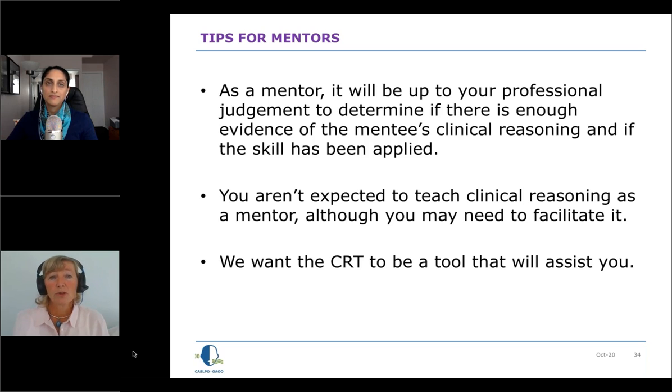And as a mentor, it will be up to your professional judgment to determine if there's enough evidence of the mentee's clinical reasoning and if the skill has been applied. Again, as Samita mentioned earlier, you're not expected to teach clinical reasoning. This was already a core entry to practice competency.